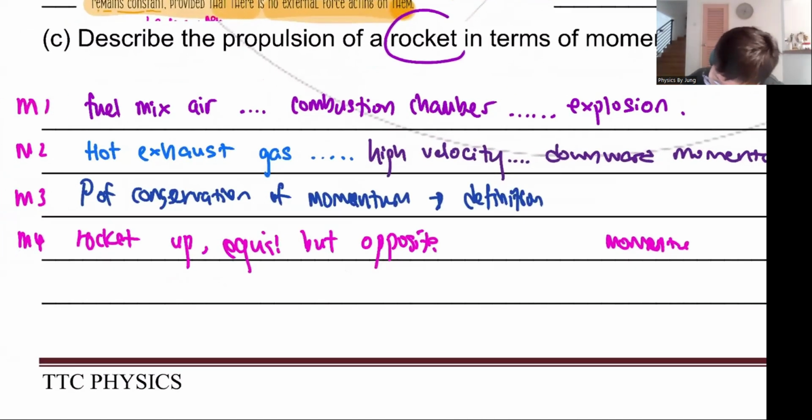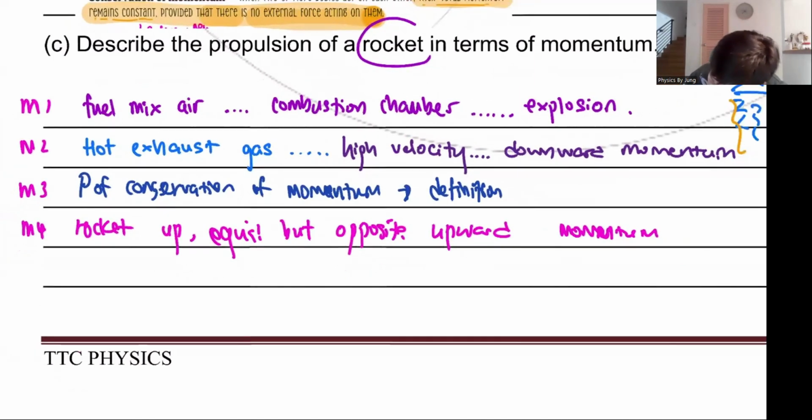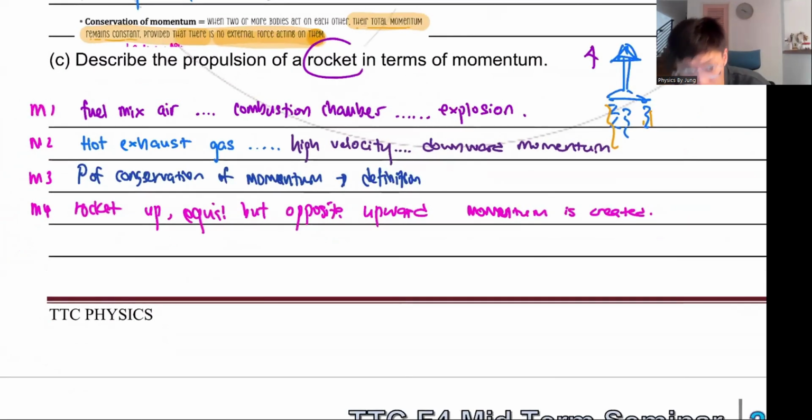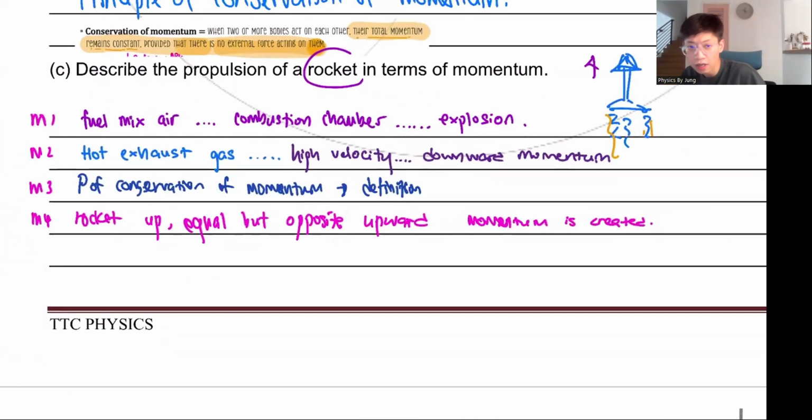Equal but opposite upward momentum is created. So therefore, this is what you will get. Equal but opposite.